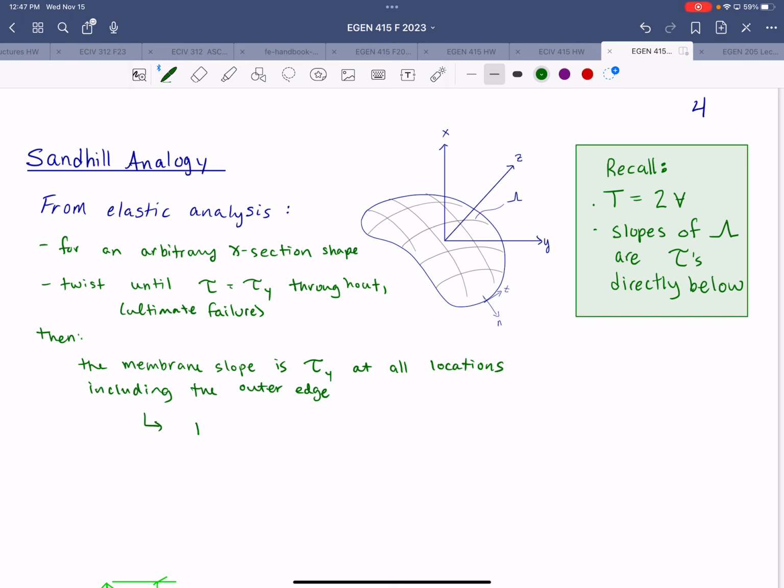So this is what we call the sandhill analogy, because it represents a sandhill that is poured onto the shaft cross-section.